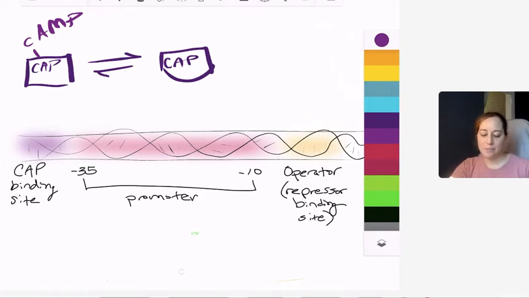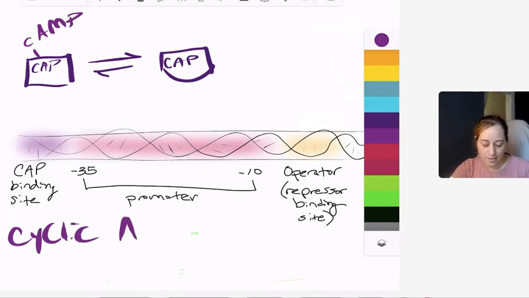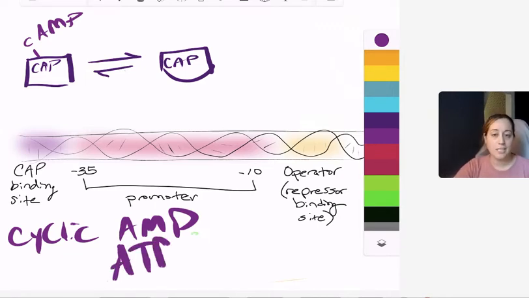Now don't Google this, because Google takes that to be camp, which is not what we're interested in this instance. But CAMP stands for cyclic AMP. And what is AMP? Well, it's related to the molecule that we are already familiar with, which is ATP. ATP, adenosine triphosphate, is a molecule that is said to carry energy or represent energy, be used as energy. And the T stands for tri and the P stands for phosphate.